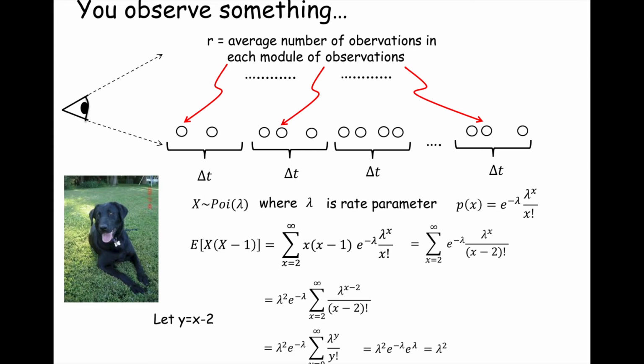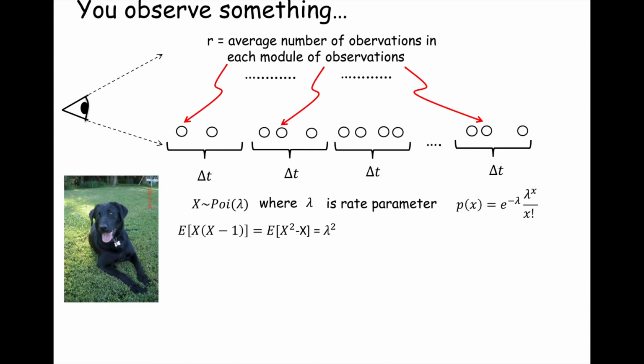Okay, so we have an expression for e of x times x minus 1. That expression is lambda squared. If we multiply the x times x minus 1, that's e of the quantity x squared minus x, and that's equal to lambda squared, right? Now, expectation has this so-called linearity property.